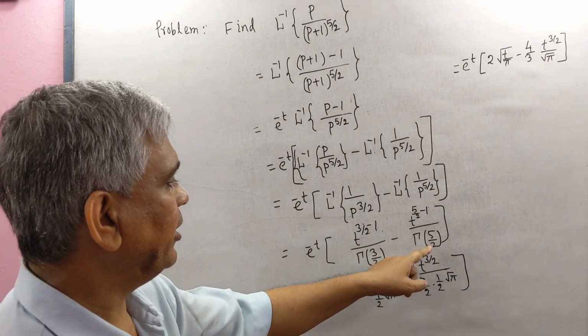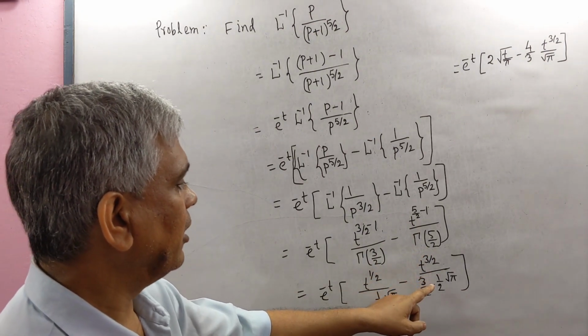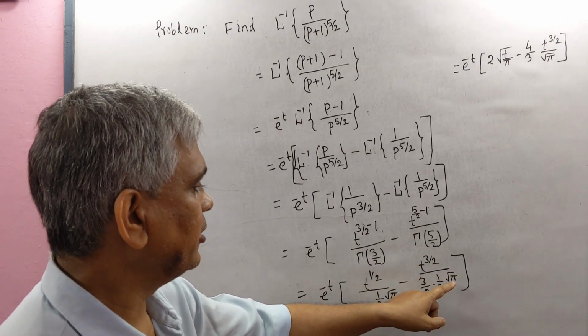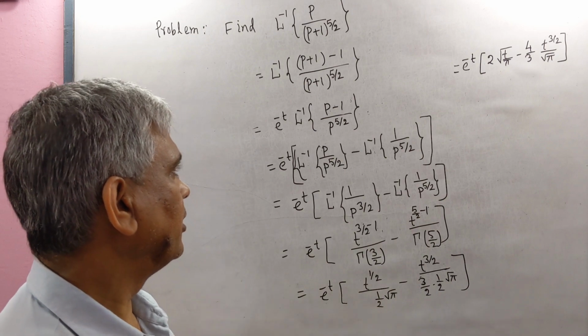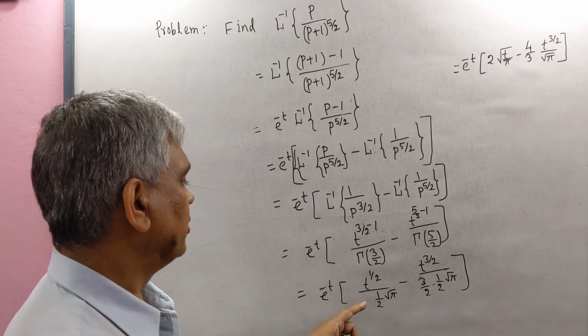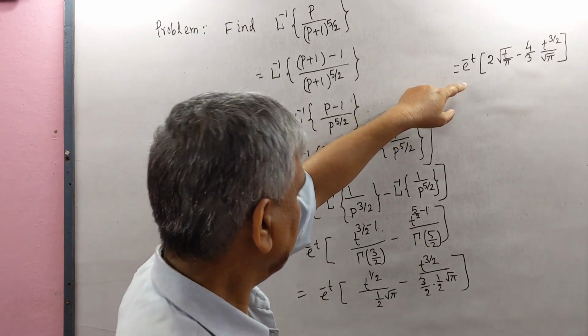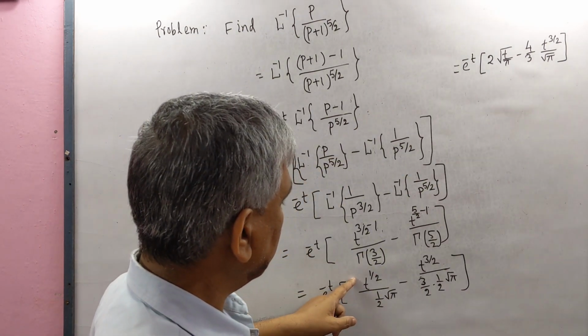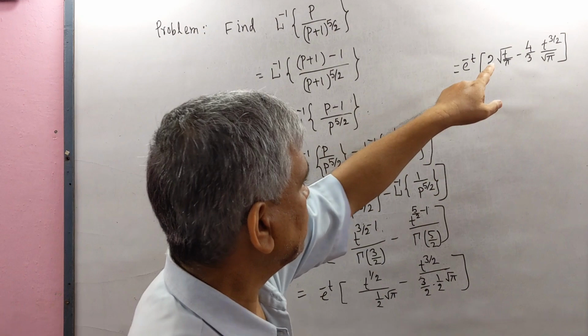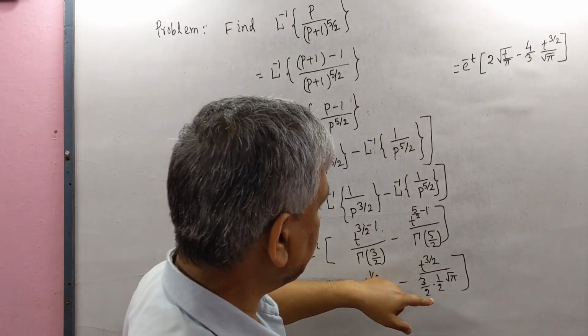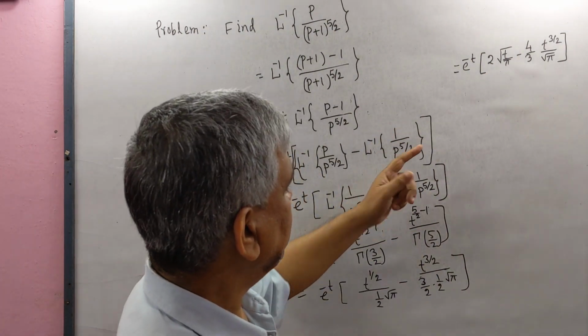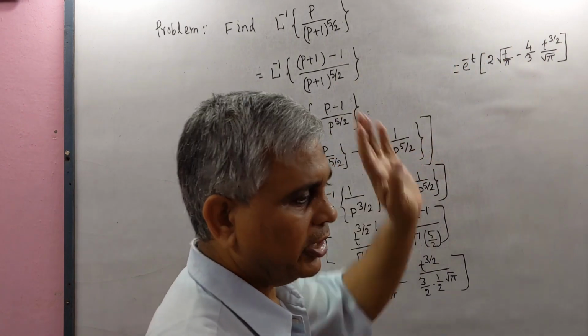Here gamma 5 by 2 is 3 by 2 into half gamma half, that is 3 by 4 square root pi. So rearranging, we get e to the power minus t times (2 t to the power half by square root pi minus 4 by 3 t to the power 3 by 2 by square root pi).